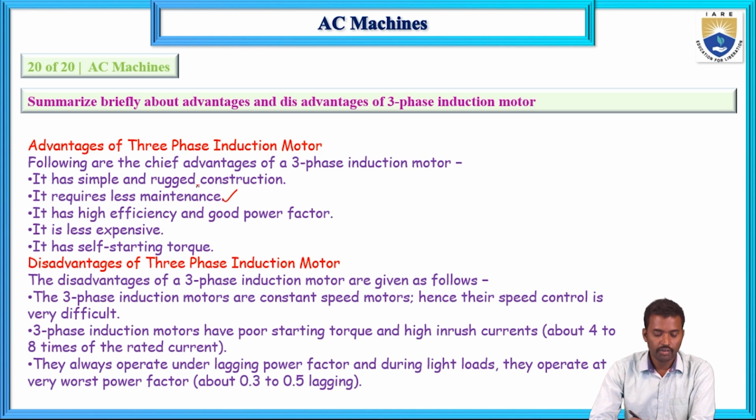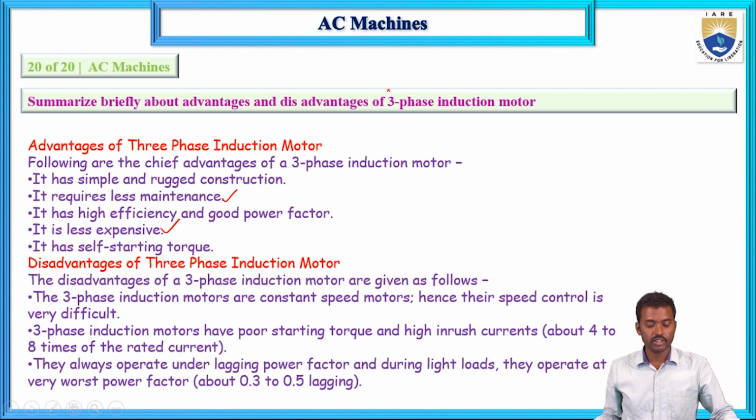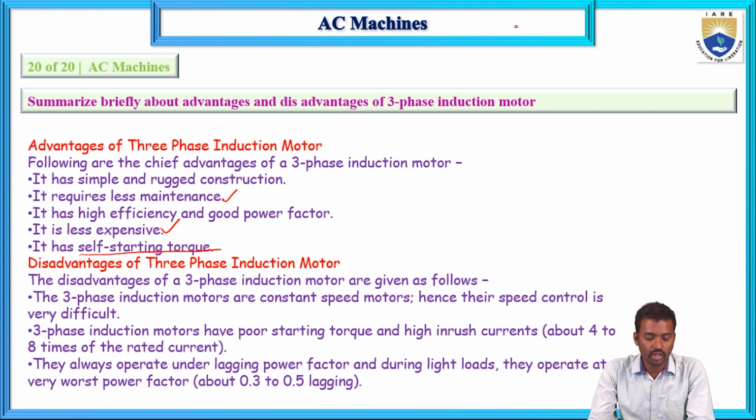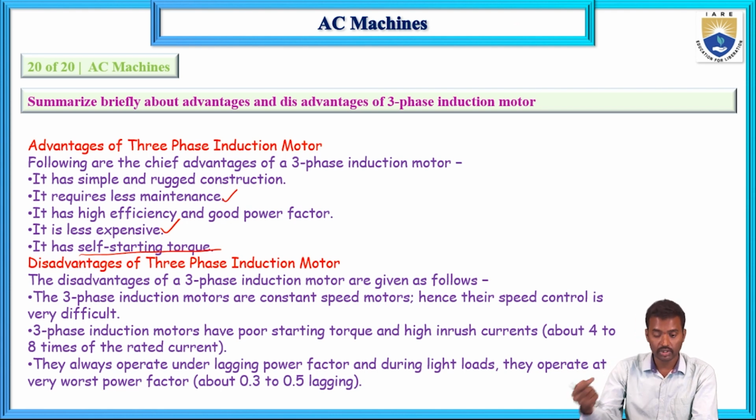Next, efficiency is high, as I already explained, and the power factor is very good. It is less expensive, meaning the cost is very low, and it does not require any additional device to start the machine, so we can call the three-phase induction motor a self-starting device.